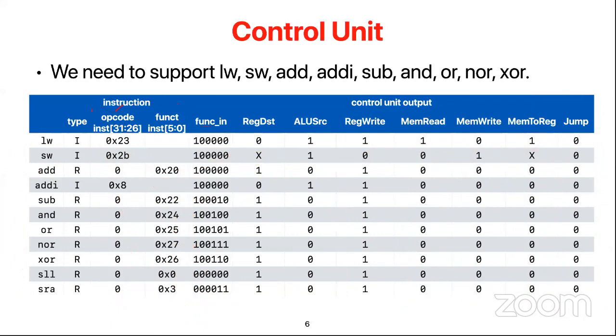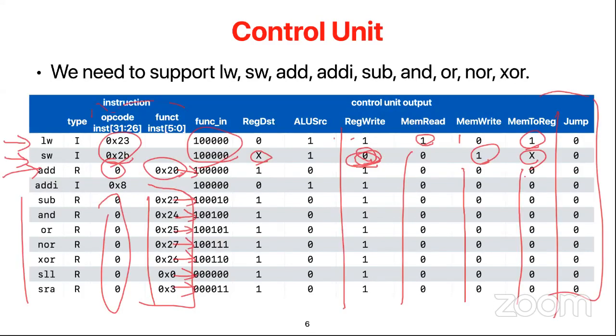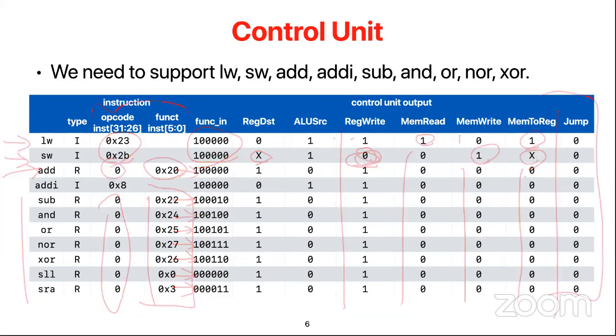All right, so this lab is actually just wanting to implement some kind of combinational logic that would output these control signals. So you just make a table, you just make quite a few case or if-else statements, as some of you already asked on Piazza, right?